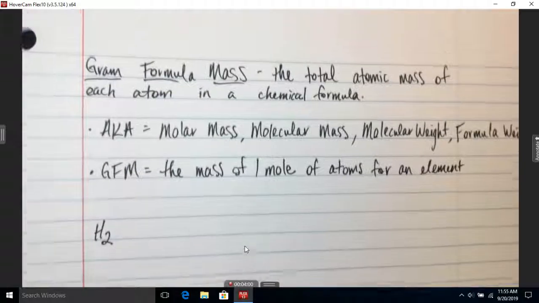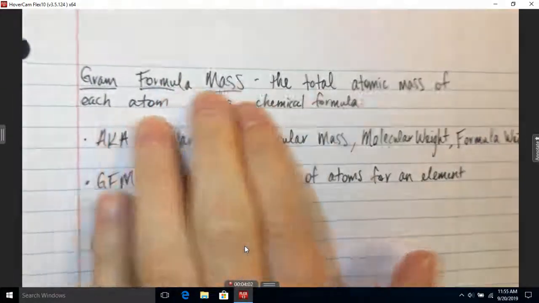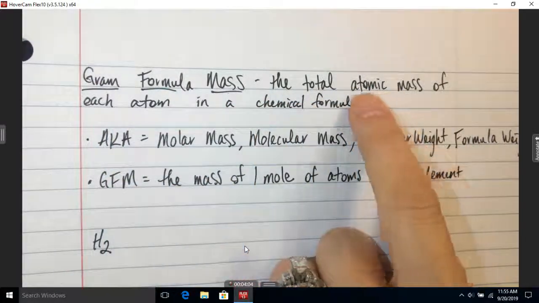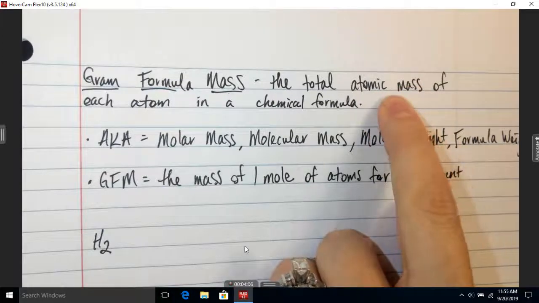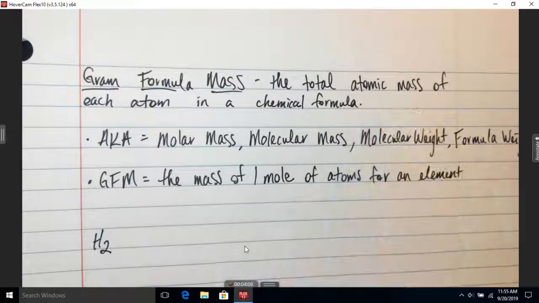Now, this definition tells us the total atomic mass. Where's the atomic mass? Where can I find the atomic mass? Where on the table? I heard it. The bottom number. So we are using the bottom number from the table to calculate this.